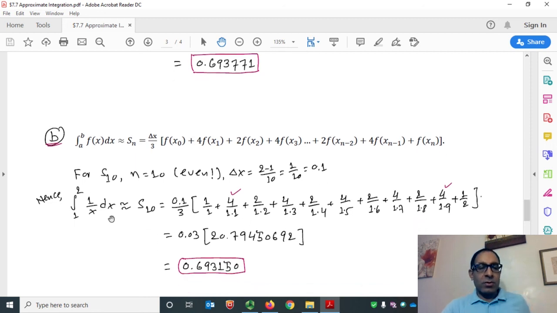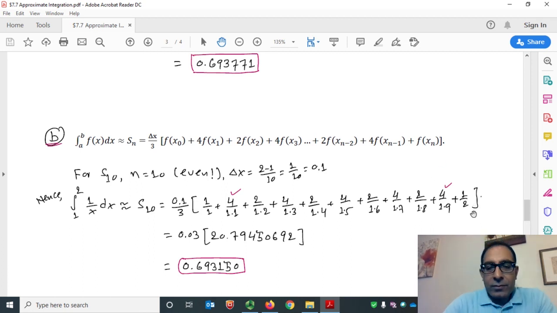Then by Simpson's rule, the definite integral from 1 to 2 of 1 over x is approximated by S10. So this is delta x over 3, where delta x is 0.1. The 3 is from the formula. Then f of x0, 4 times f of x1 plus 2 times f of x2 plus 4 times f of x3, and so on. And the last one is f of xn, which is 1 over 2.